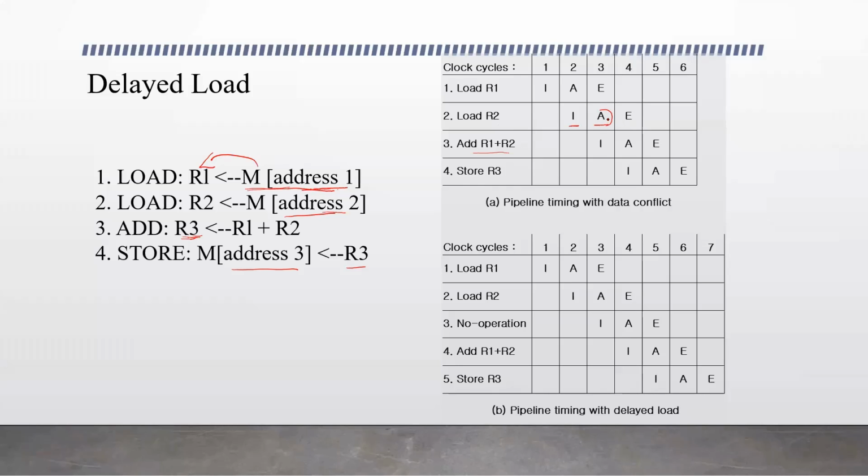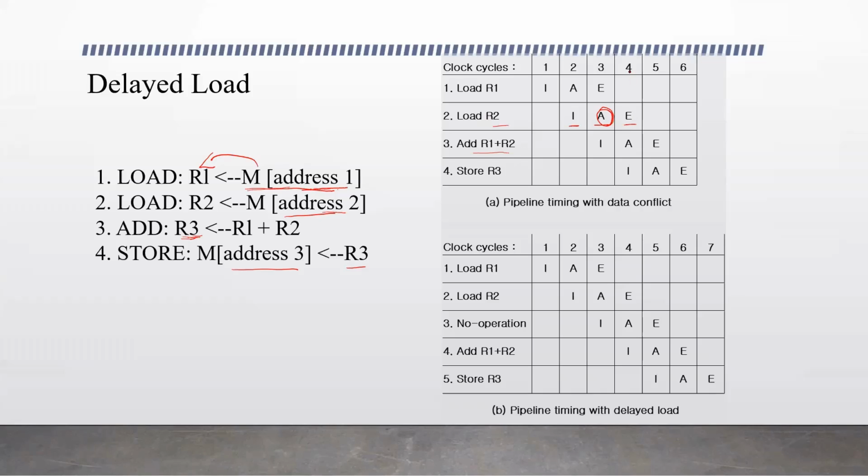We know how the effective address is calculated; if it is an indirect address, the effective address needs to be calculated. It is calculated here, and during execution the load actually happens: loading data from the given memory address into register R2 is done in the execution phase.